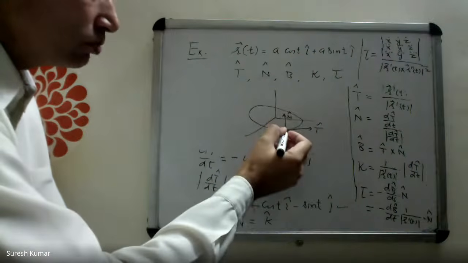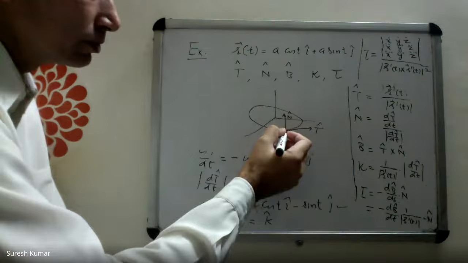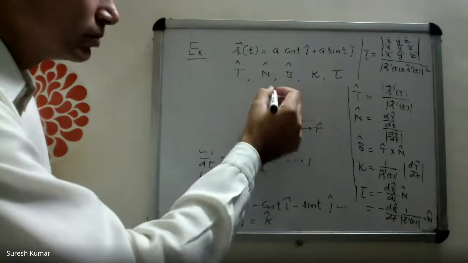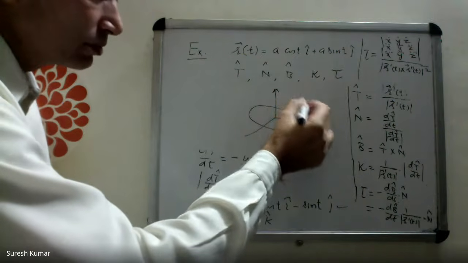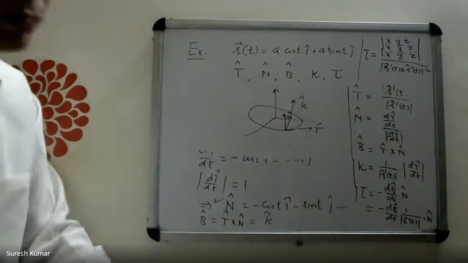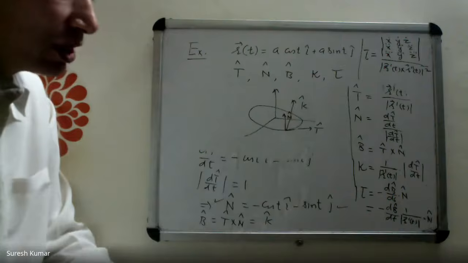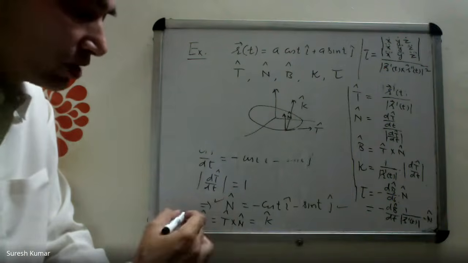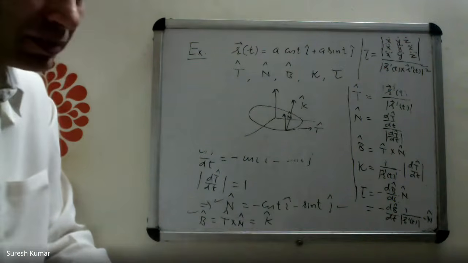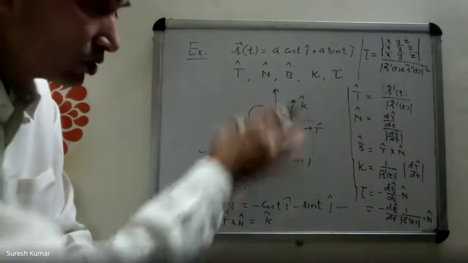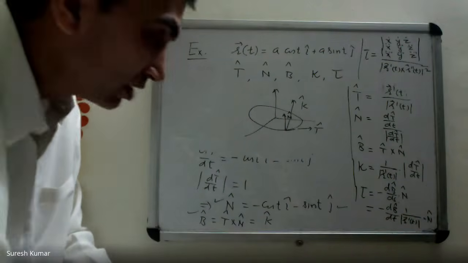What is the direction of B cap? It is along the z axis. Understood? At every point, the vector normal to both T cap and n cap is k cap. That's why you are getting B cap as k cap. And you see it is not changing. I will explain that also.